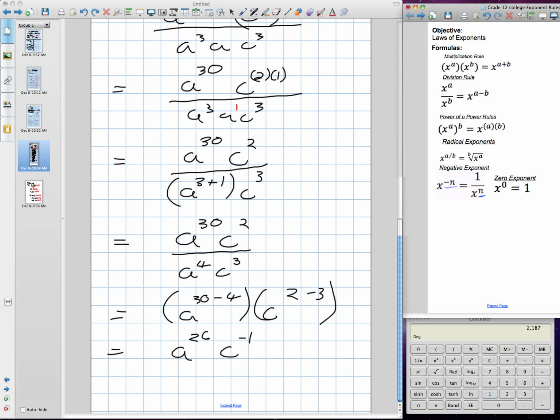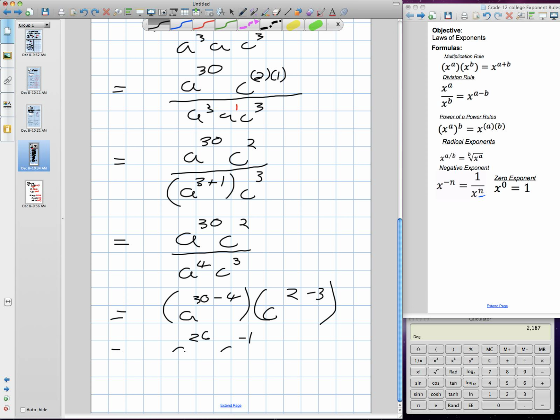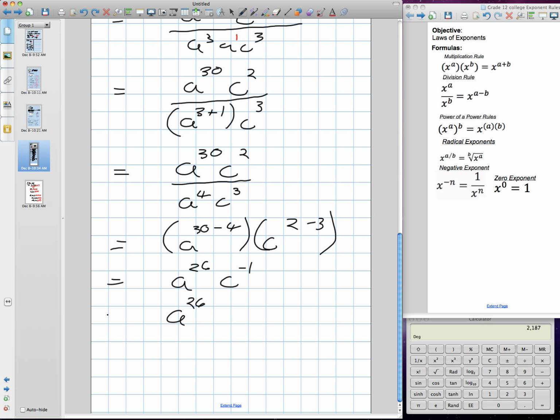Okay? So we're still going to have A to the power of 26. I'm going to separate them a little so we know what we're working with. How can I change C to the power of negative 1 to a positive exponent? That's right. 1 over C to the power of 1. Finally, this would be the final mark if you could get this. We would multiply these two together. It can be simplified one step farther.